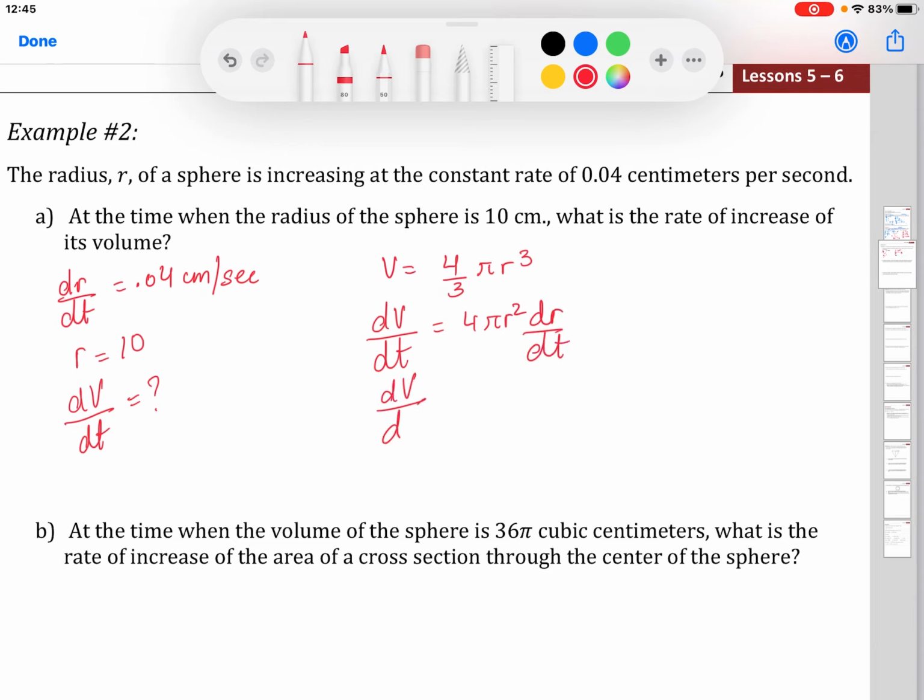Substitute in 4 pi, my radius is what? 10 squared, times 0.04, right? If I simplify that, dV dt is 16 pi. And this is my rate of change of volume, so centimeter cubed per second.